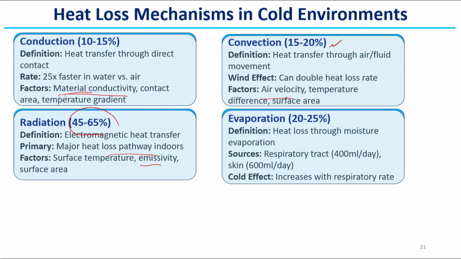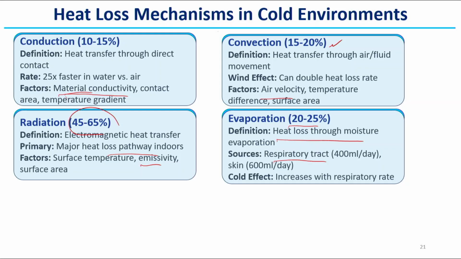Then another way depends on evaporation. Evaporative heat loss is 20 to 25%, and when the moisture gets evaporated, it takes away the latent heat, and that heat loss is called evaporative heat loss. It occurs through the respiratory tract and the skin.